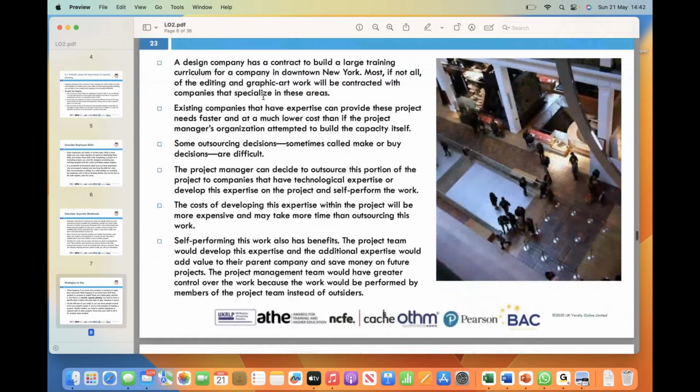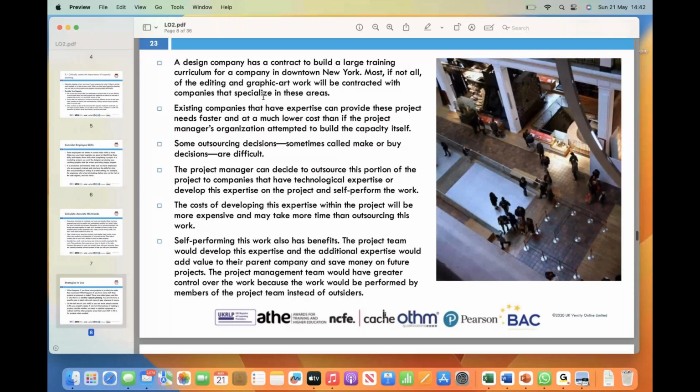Now, when it comes to outsourcing decisions, they can be quite challenging. The project manager must decide whether to outsource this part of the project to external companies or to develop the necessary capabilities within their own organization.